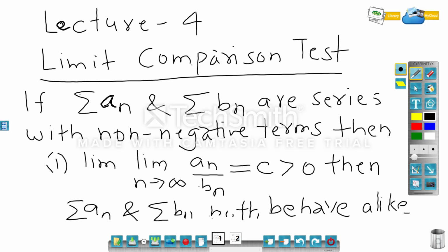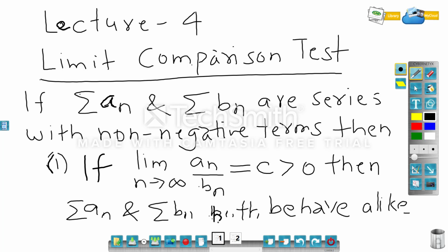If series an and series bn are series with non-negative terms, then if the limit as n goes to infinity of an upon bn is equal to c, which is greater than 0, then the two series an and bn both behave alike.